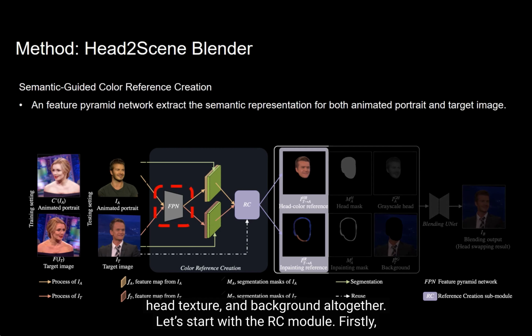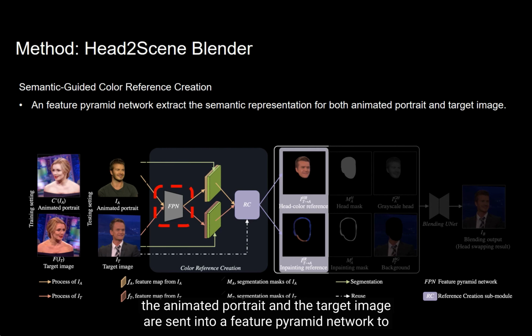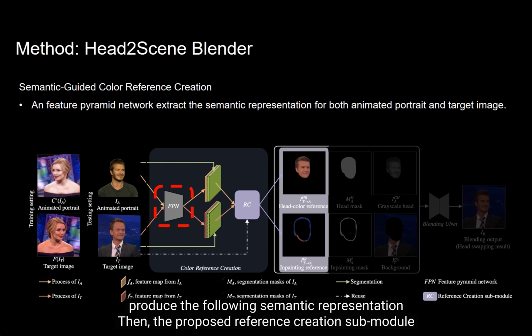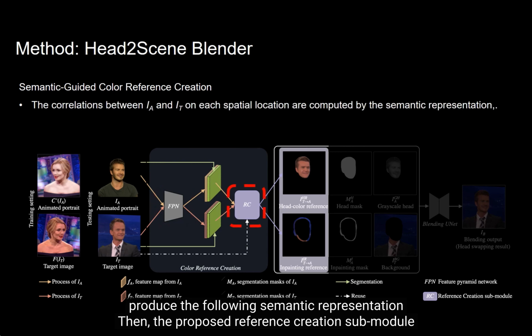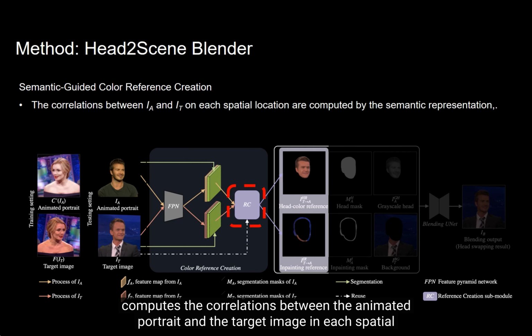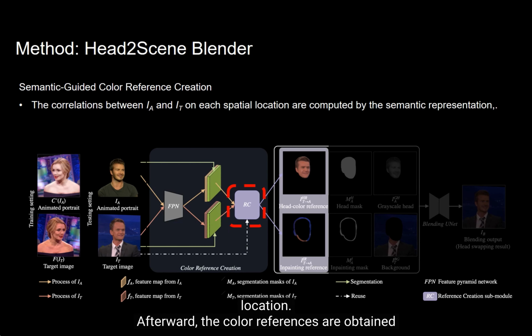Let's start with the RC module. Firstly, the animated portrait and the target image are sent into a feature pyramid network to produce the following semantic representation. Then, the proposed reference creation submodule computes the correlations between the animated portrait and the target image in each spatial location.